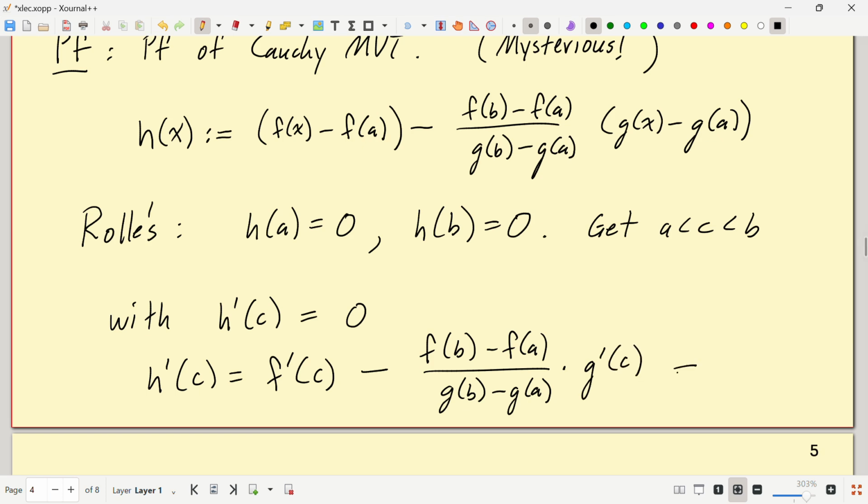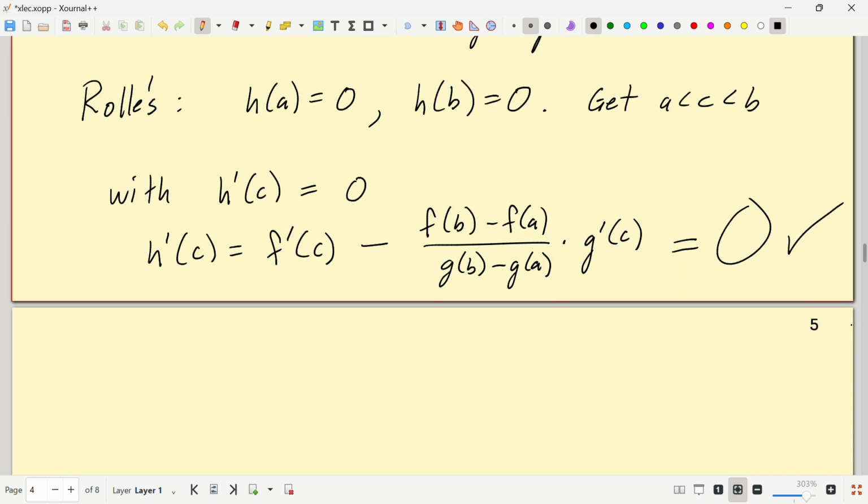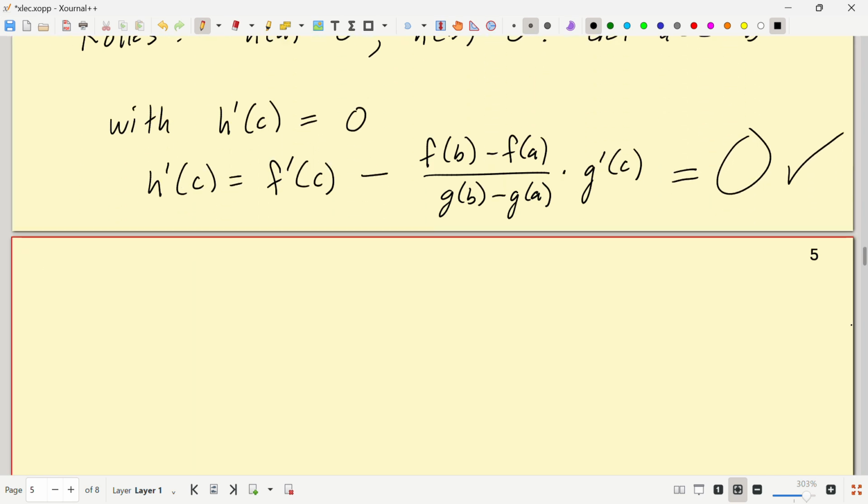And that's going to be a big fat 0. And so when you put that stuff on the other side and divide by g prime of c, you get the conclusion of the theorem. So sneaky. Well, how the heck did Cauchy think of that thing? Where did h come from?